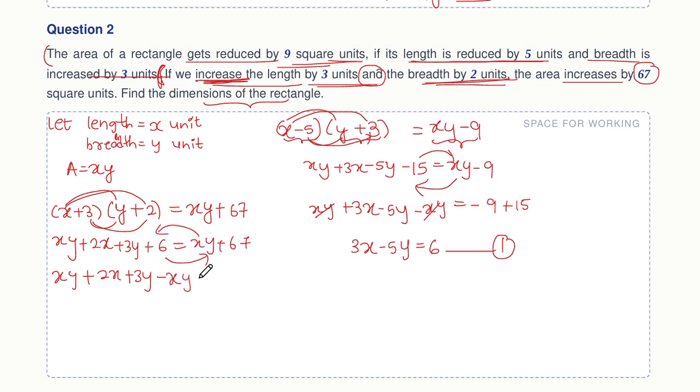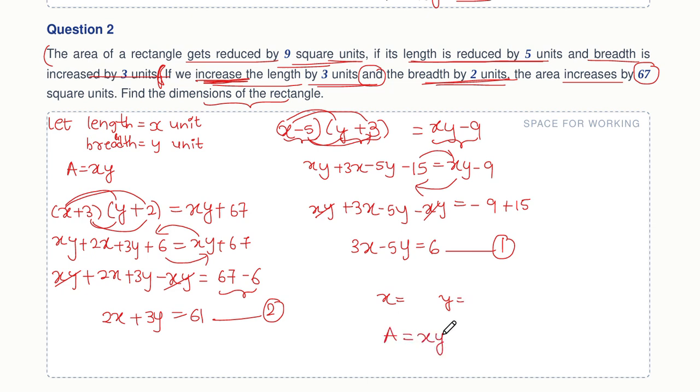So minus xy is equal to 67 minus 6. So here xy and xy will get cancelled. So 2x plus 3y is equal to 67 minus 6, which is 61, and that is our equation number 2. So we got the two linear equations. We can solve by using the elimination method to find x and y, and in the end you can find out the dimension by just multiplying length into breadth.